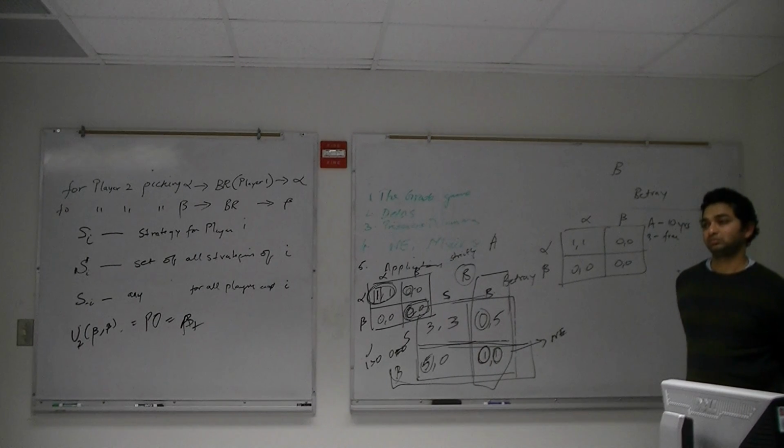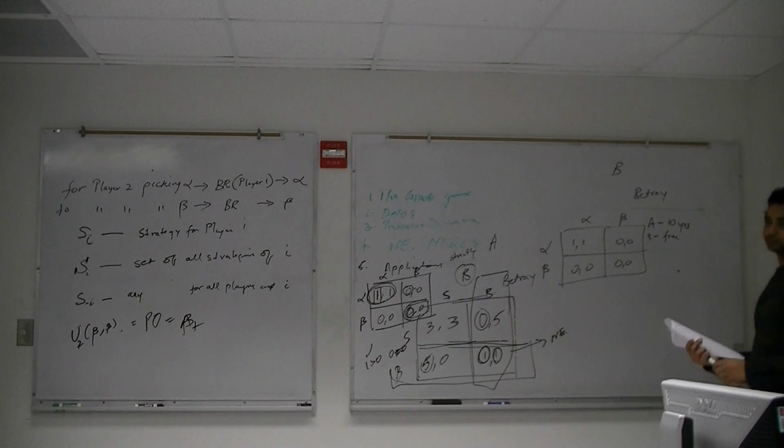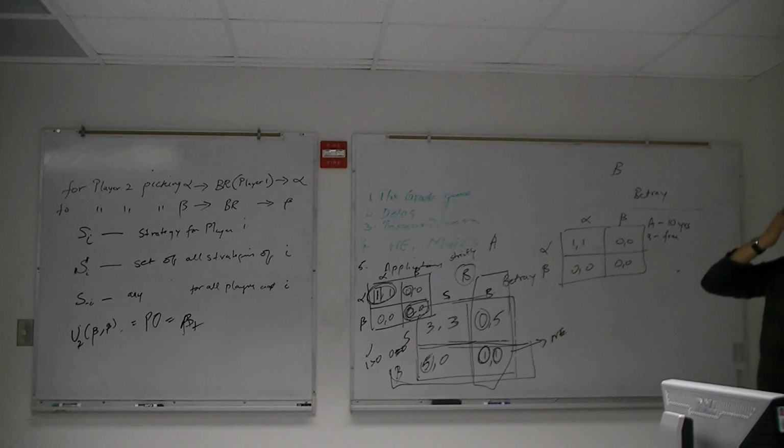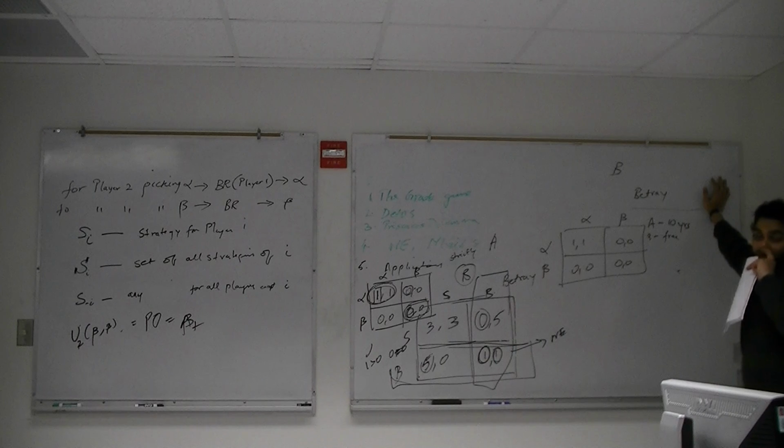This game is a little bit confusing. Is there a better example? No, this one is okay. Let's say we are stuck at beta for the moment. Let's say I'm A and someone else is B, and B is choosing beta now.